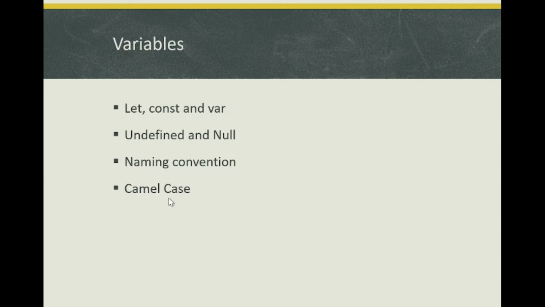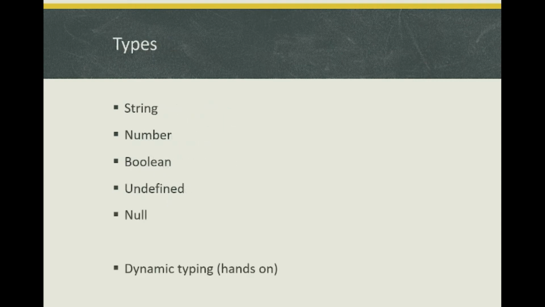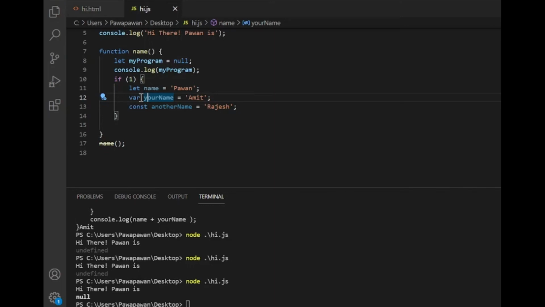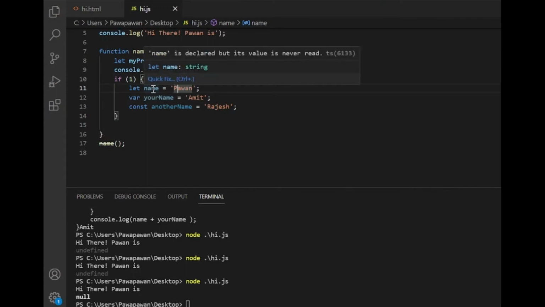Moving on to the next, types in JavaScript. The first type is string type. As we can see here, let name is assigned a value called Pawan. So Pawan is a string, with a variable name as name.